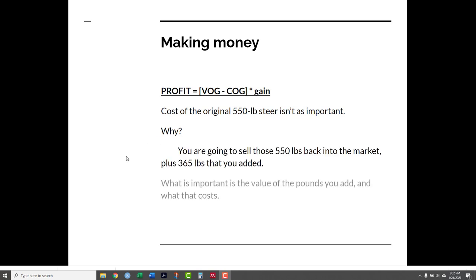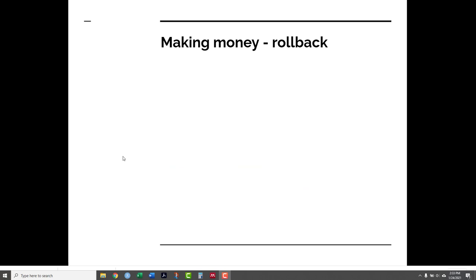The reason is that you're going to sell those original 550 pounds that you bought back into the market, plus the 365 pounds that you added in the phase that you owned the animal. So what's really important here is the value of the pounds that you add and what it costs you to add those pounds. That's really the key point.